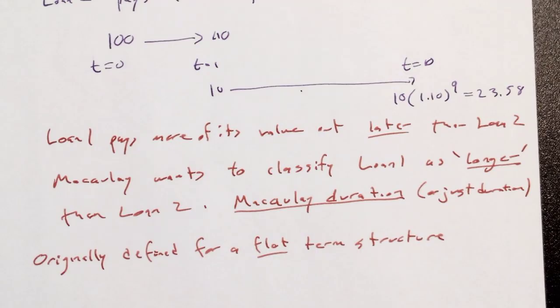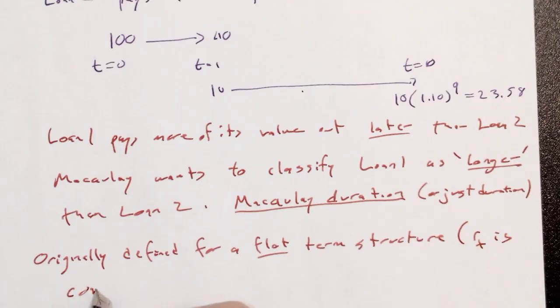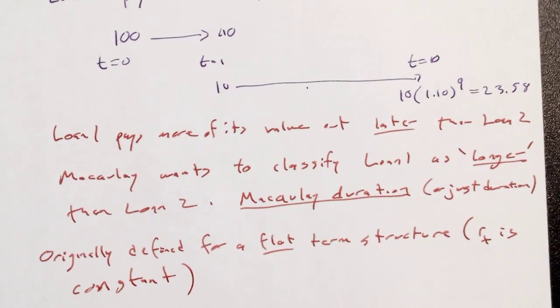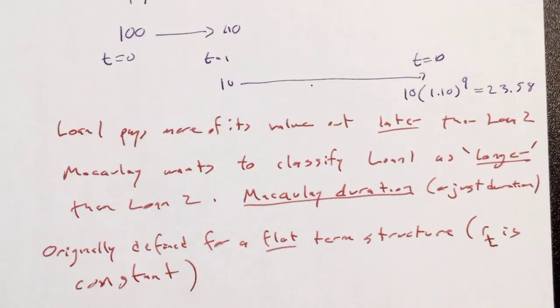All the way through, RT is the same for all T. It can be adapted to fit things that aren't flat when we have a fixed set of cash flows.